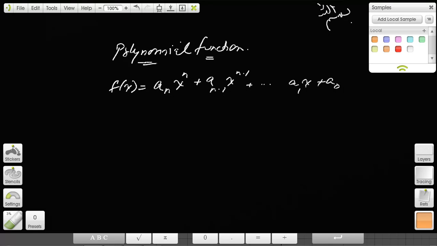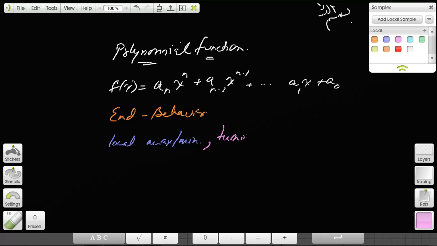Then we learned about end behavior of polynomial functions, and we learned some basic terms such as local maximum and minimum, and turning points, and the very important x-intercepts or zeros of the polynomial function.